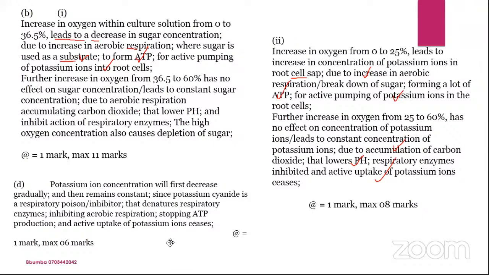Yes, teacher. On this one of further increase in oxygen concentration, they brought in the idea of inhibition by the pH. How about, since the enzymes are working, we bring in also the idea that the active sites are all already occupied, so with further increase in oxygen, oxygen is no longer a limiting factor? How would it be if I looked at it in that direction?